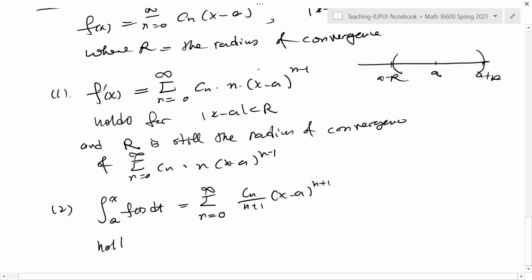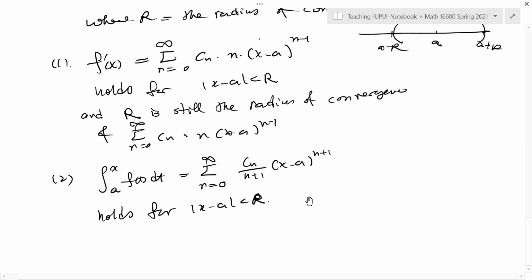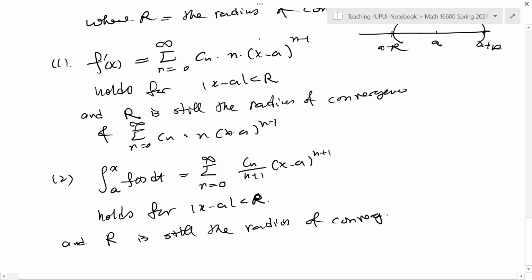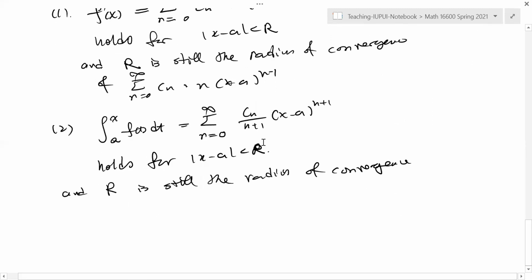This one also holds for absolute x minus a less than R. And not only that, R is still the radius of convergence of the new series.